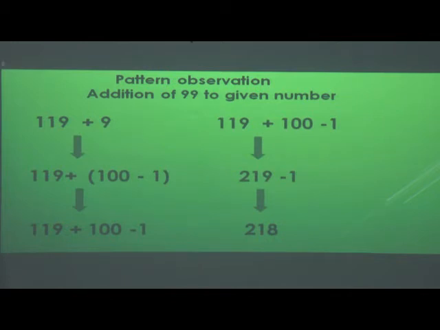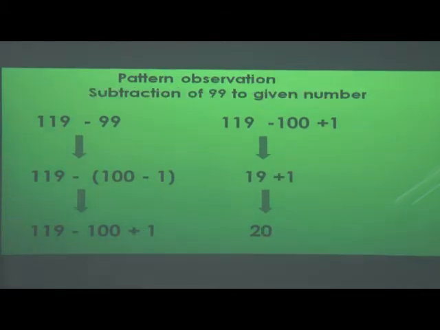Let us see the subtraction of 99 from a given number. Pattern observation: subtraction of 99 from a given number. See here, 119 minus 99. Now 99 can be distributed as 100 minus 1, which is nothing but 99.